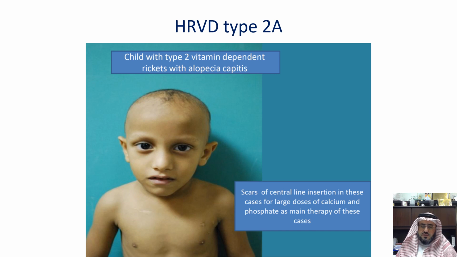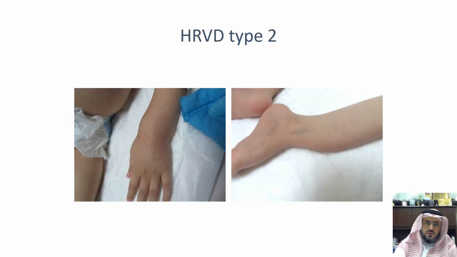This is the lifelong treatment, not with vitamin D, because the receptor will not function with vitamin D, so we need to give high dose of calcium and phosphate lifelong, initially through central line and then shifted to oral. And this is part of the disease. They have, in addition to clinical signs of rickets, bone deformities.